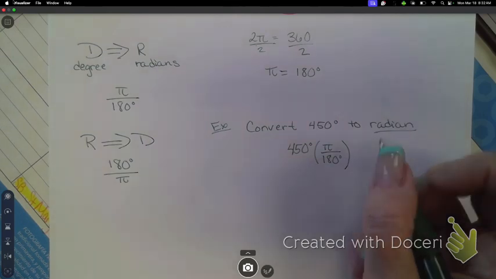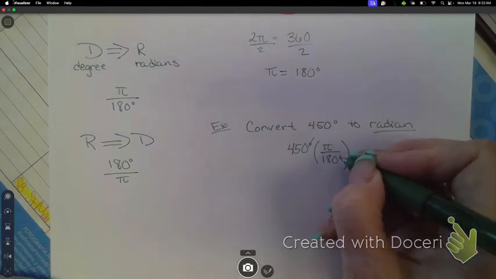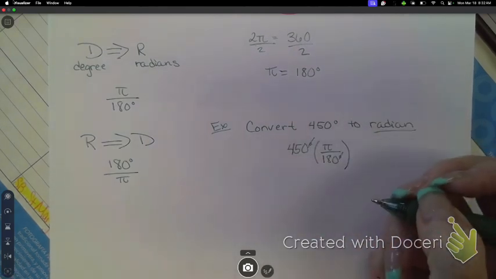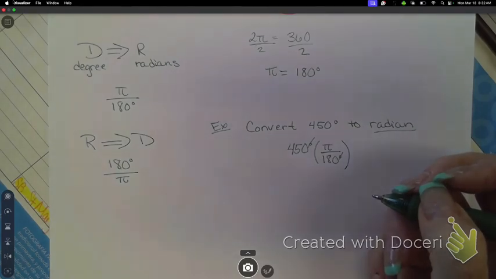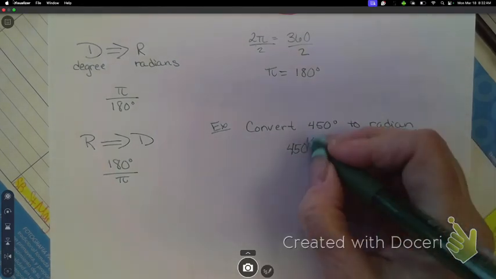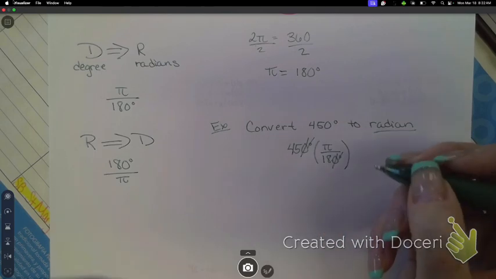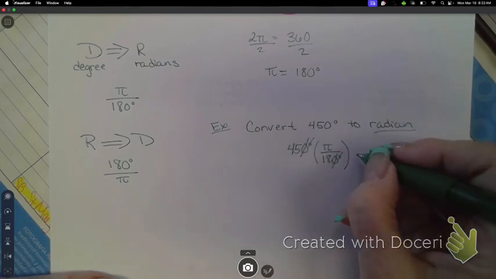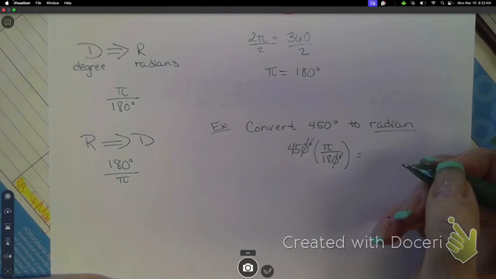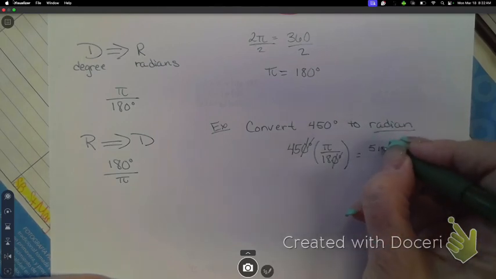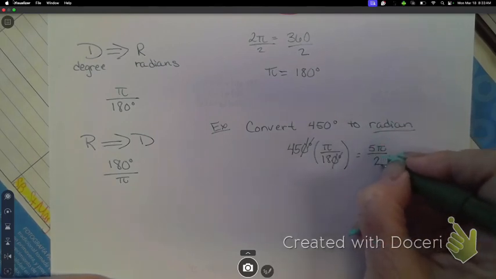Do I have degree in the numerator and degree in the denominator? Yes. So we cross out. What goes into 45 and 18? 9. So I get 5 pi over 2.